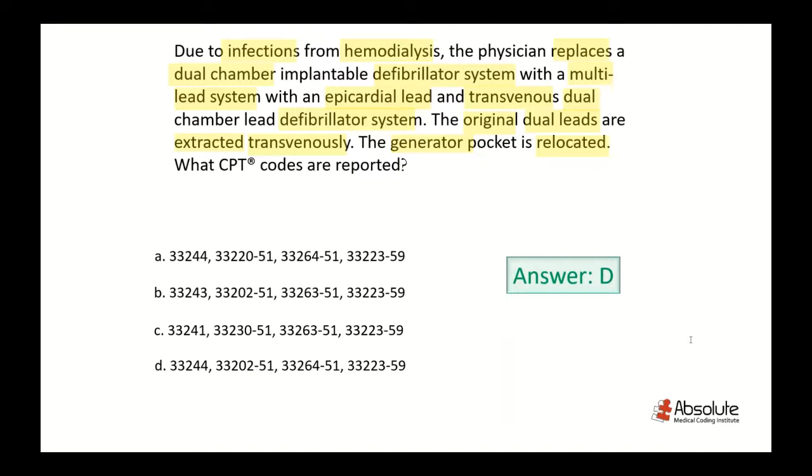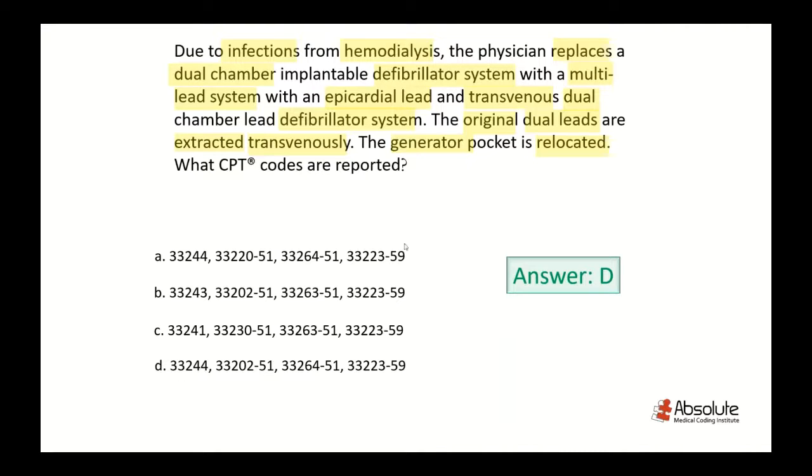All right. Great, great. I like the answer, Kim. Remember, for skin pocket creations and revisions, those are the ones that are bundled. But this one is relocated. That means it has to be coded separately. If you take note of that, that's going to be a good advantage for you as well.